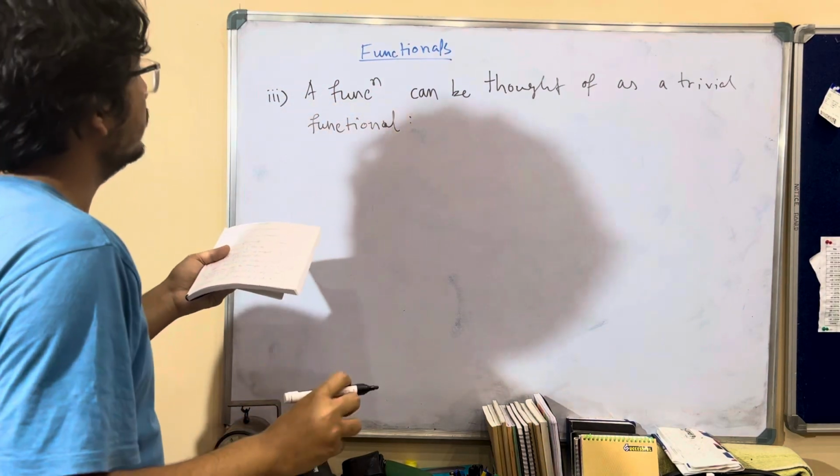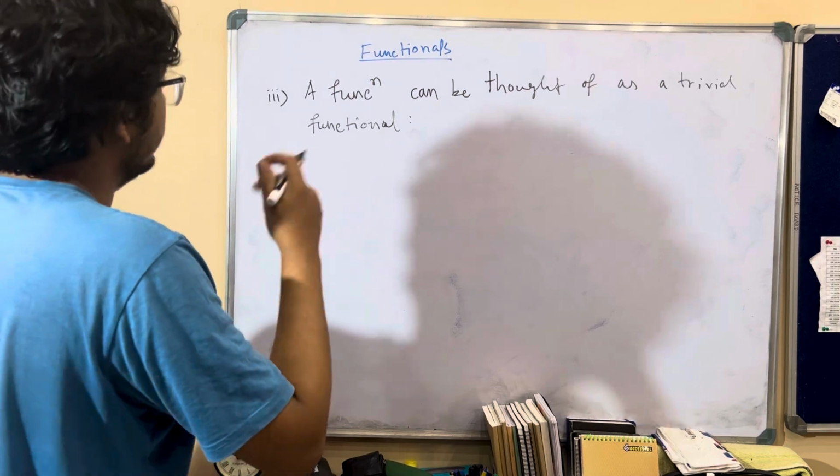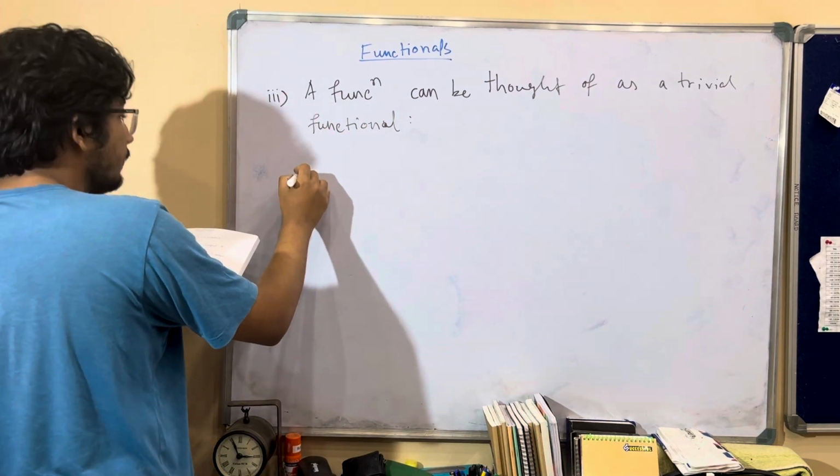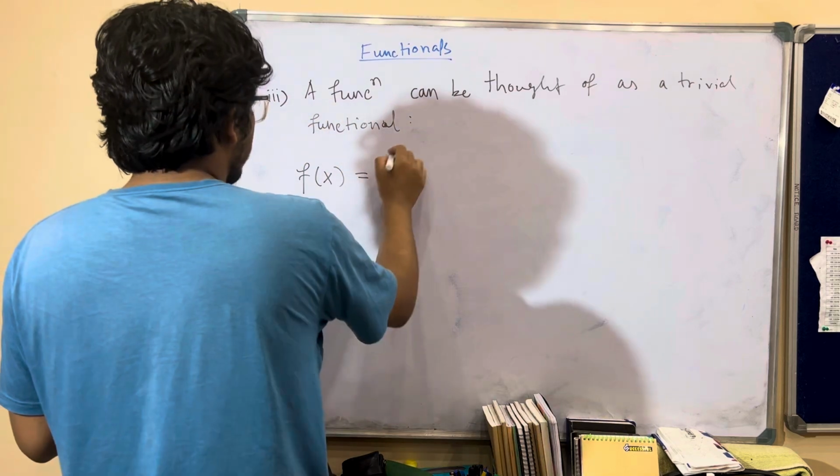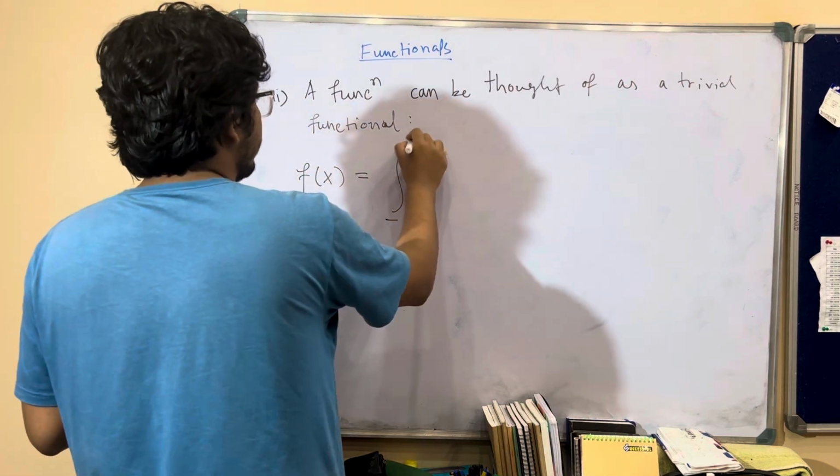And how can it be thought of like that? If we have a function f of x, we can think of this using the delta functions.